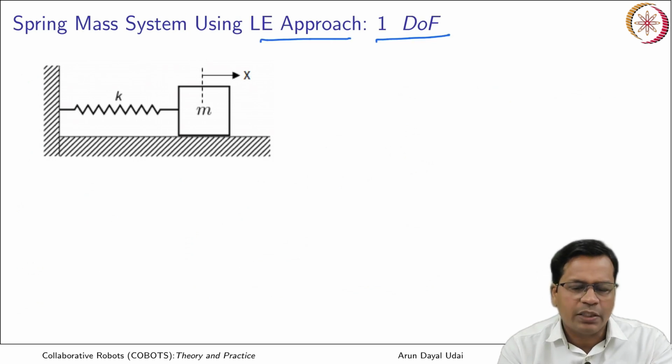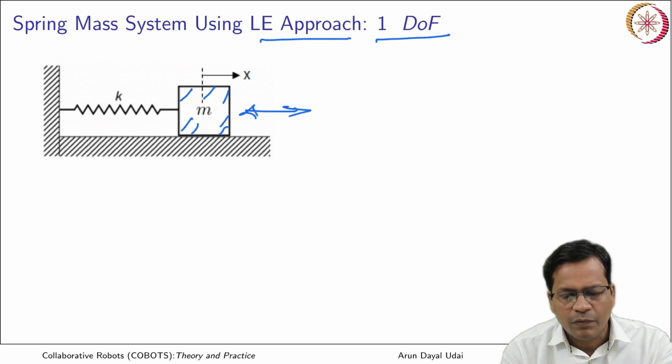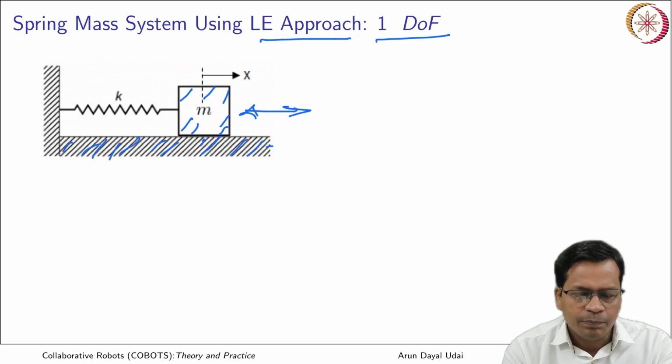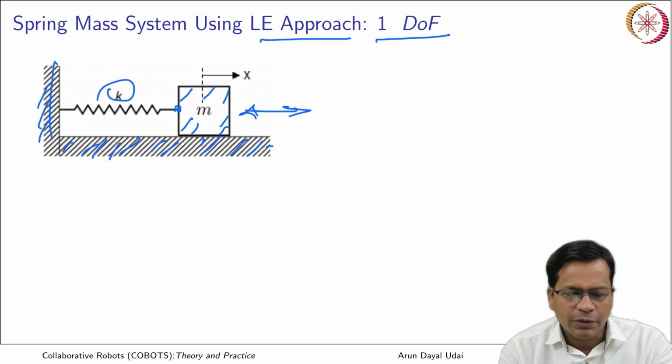So this is a 1 degree of freedom system. This mass can move along a straight line, sliding on this fixed, smooth, frictionless surface. This is the spring which is attached to the wall here, and the other end is attached to the mass.